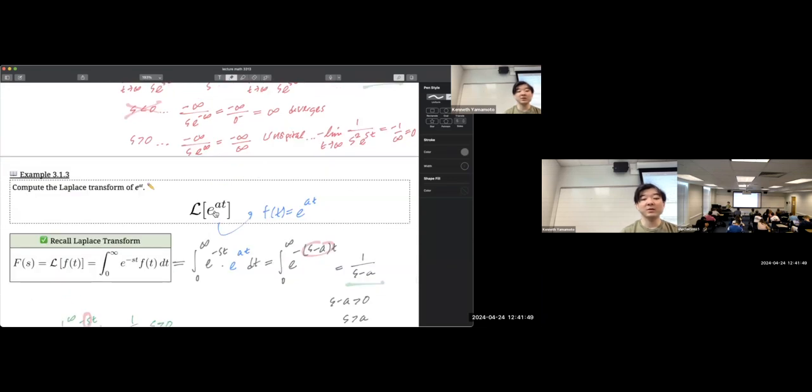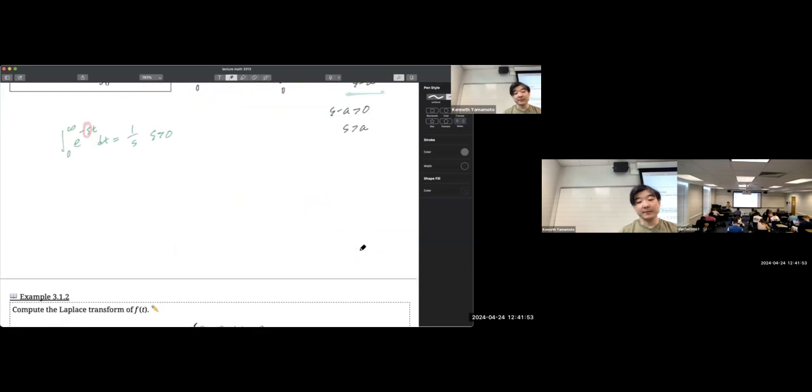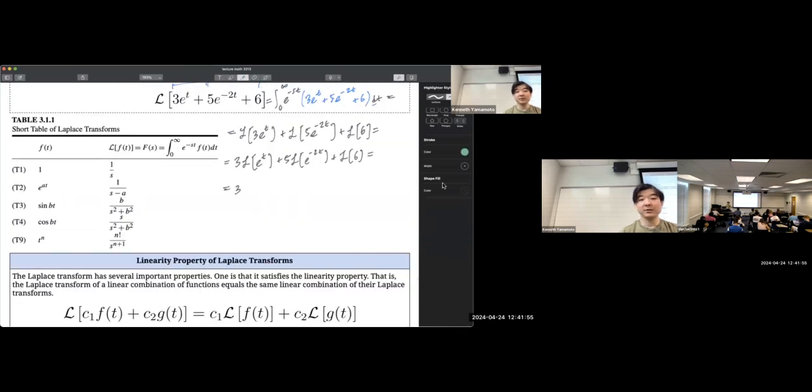We found that the Laplace transform of e to the at is equal to 1 over s minus a. That's actually right here. This is a table that's giving us all the results. We also found the Laplace transform of 1 was 1 over s. We found that the Laplace transform of t squared was 1 over s cubed, and this one's giving you it for t raised to any n. So using this result, what is the Laplace transform of e to the t?